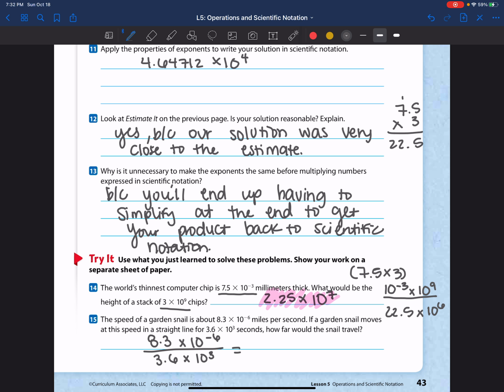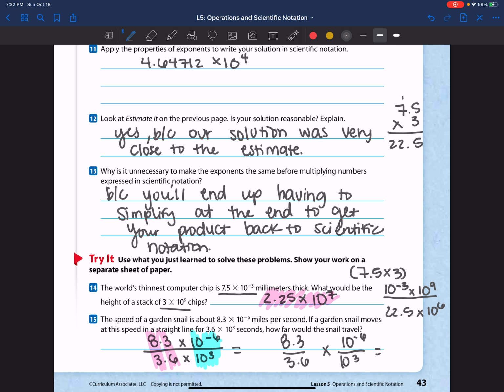Okay, so what we'll do is the same thing. We're going to group our coefficients together and group our powers of 10 together. All right, so 8.3 divided by 3.6 times 10 to the negative 6 divided by 10 to the 3rd.